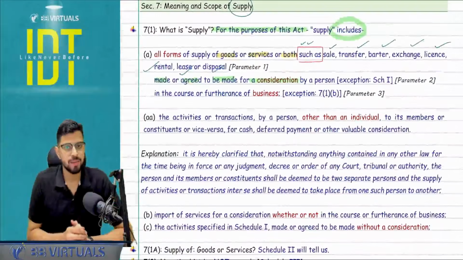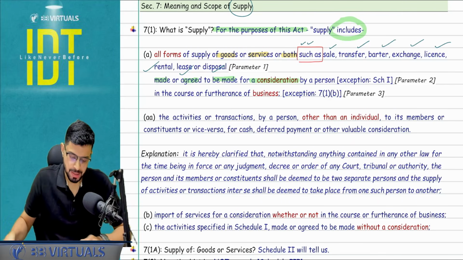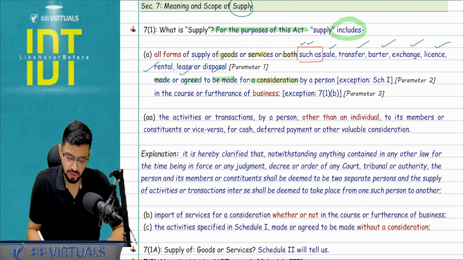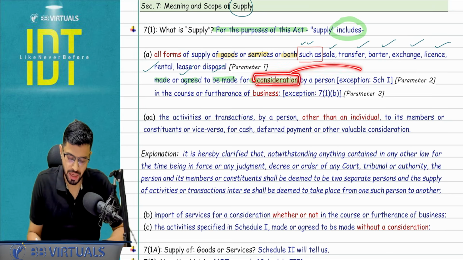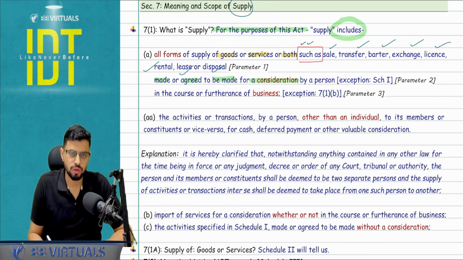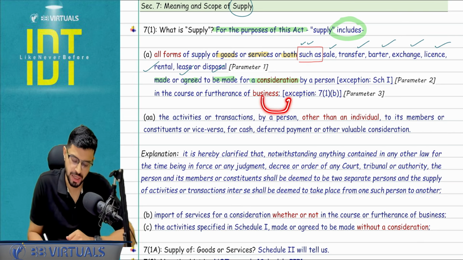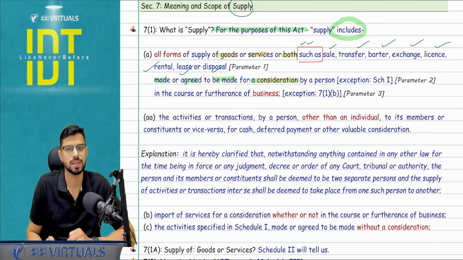Can I proceed ahead? 7(1)(a) is clear. Parameters are clear. Now there are exceptions that we will be covering just for reference. We know there is an exception of consideration, that is Schedule 1. And there is an exception for the business condition also, that I will be covering in a few minutes.